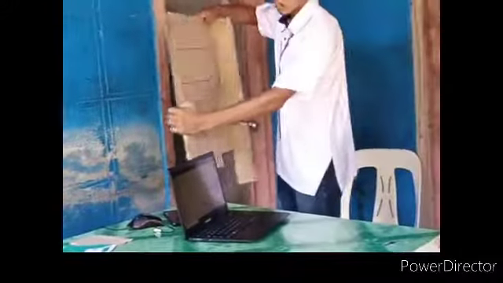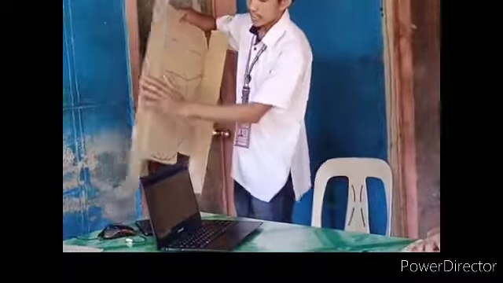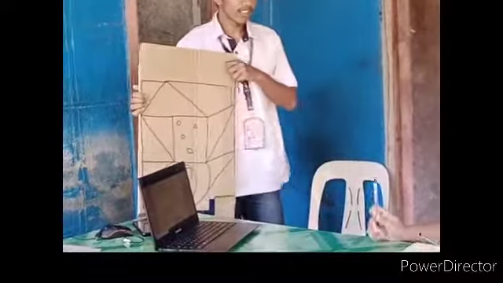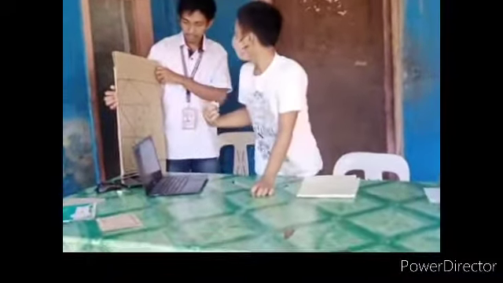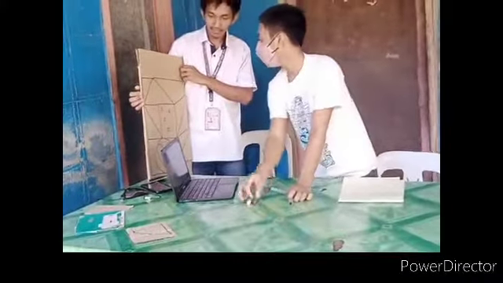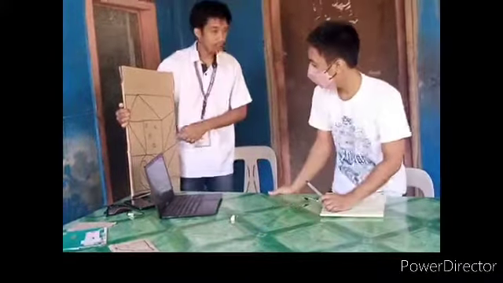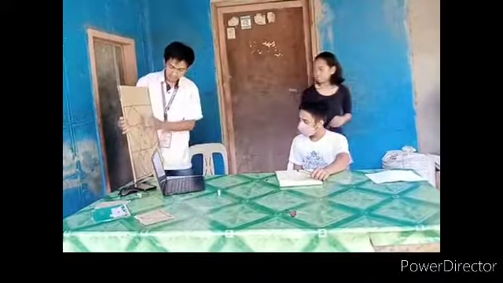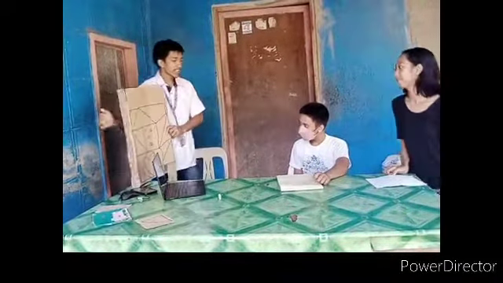So I have here an object. Can anyone from the class pick all the right triangles that you can see? Anyone? Turo lang. Thank you. Si ikaw, April Rose. Thank you. So in this figure, can you say what is the adjacent, opposite, and the hypotenuse?